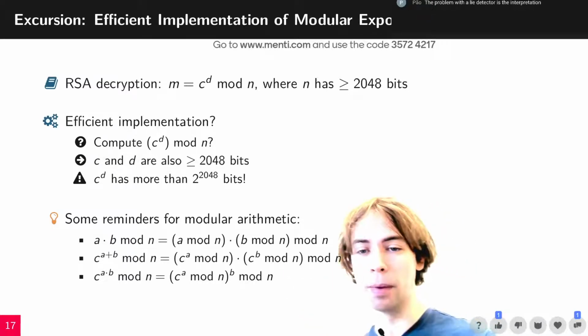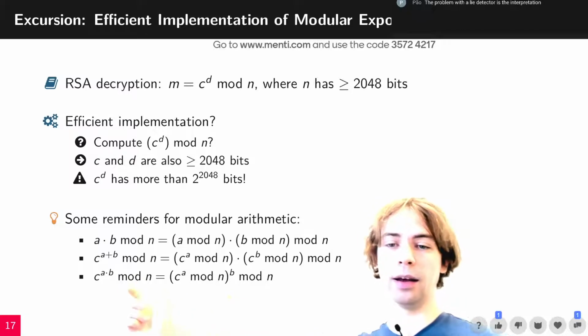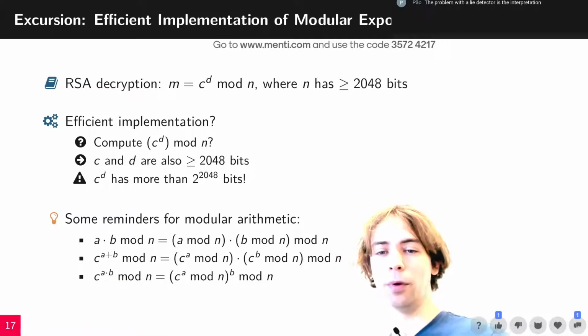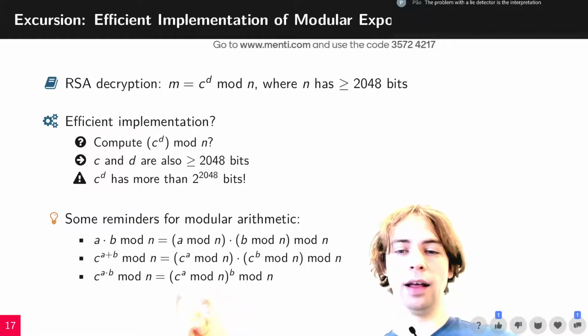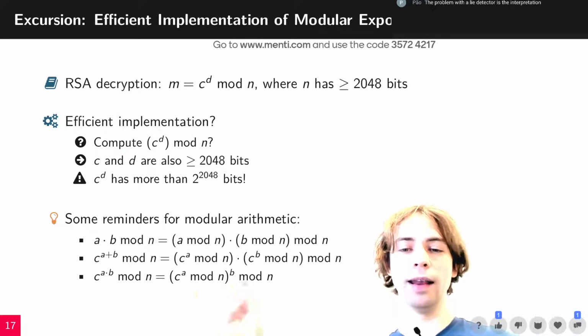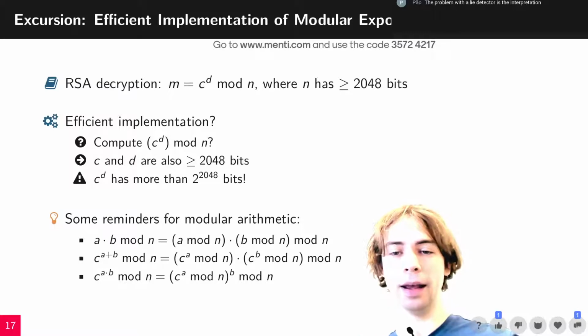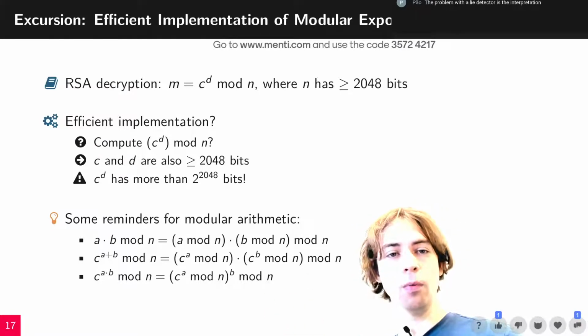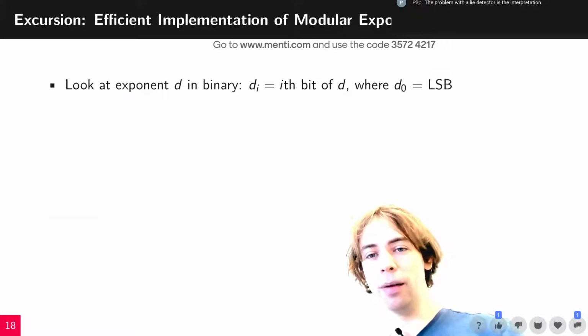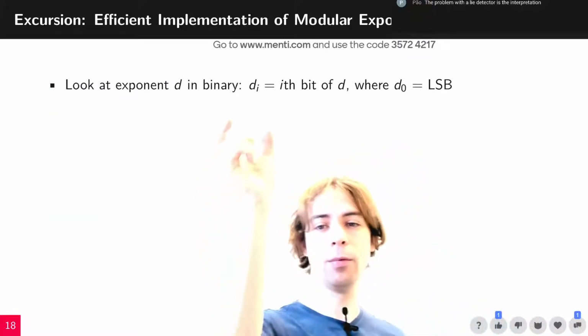And then if we multiply them, of course, then this is a bit more tricky. So this is then c to the power of a modulo n to the power of b, because it's a multiplication there, modulo n.